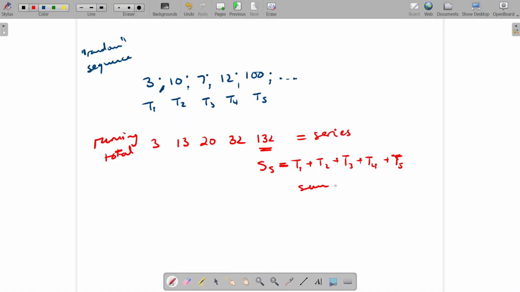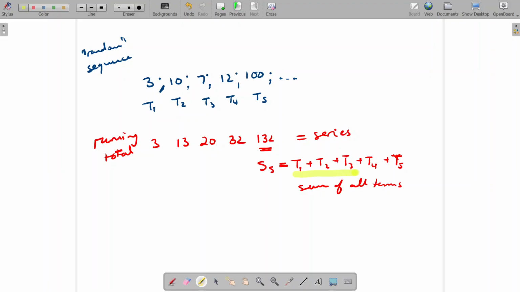Since the first four terms form S4, we have a nice little formula which says that S5 is the same as S4 plus T5.